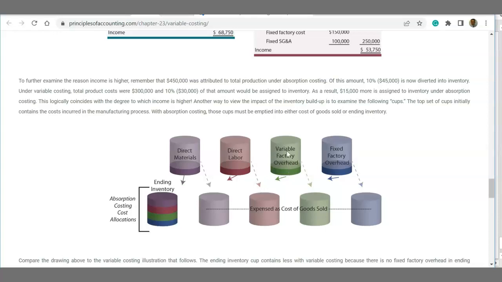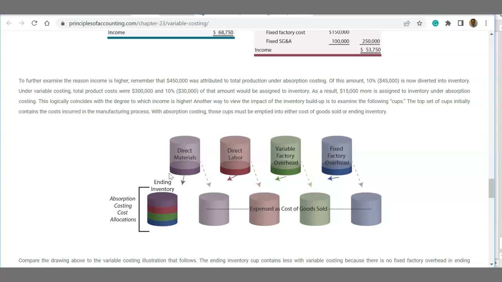And fixed manufacturing overhead, a portion of it goes also in the ending inventory. So under absorption costing, at the bottom, we have blue color fixed overhead, green color variable overhead, red color direct labor, and direct material. So that combined will be your ending inventory, right?